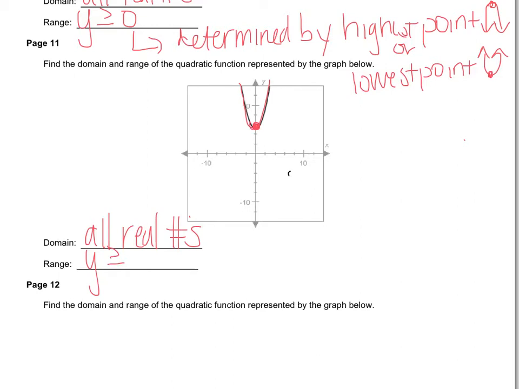Be very careful when you're counting. Notice that this is 10 right here, which means that every single one of these lines actually represents 2. So this value here is, sorry, let's try to draw that arrow again. This value here is 6. So the range is y is greater than or equal to 6.